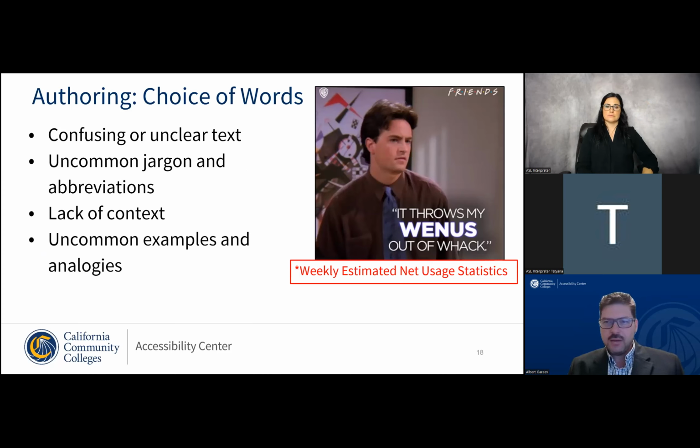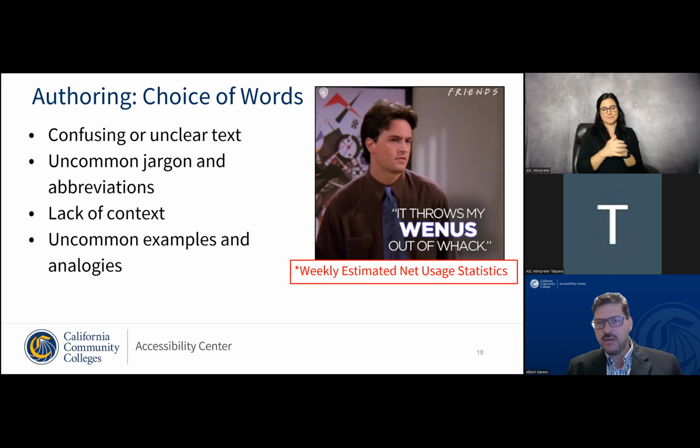So we have Chandler Bing from the Friends TV show. And that TV show played on many situations that caused some misunderstanding, basically some manifestations of barriers to understanding. One of them, as here, is using jargon, abbreviations, any uncommon words in the context of this audience.